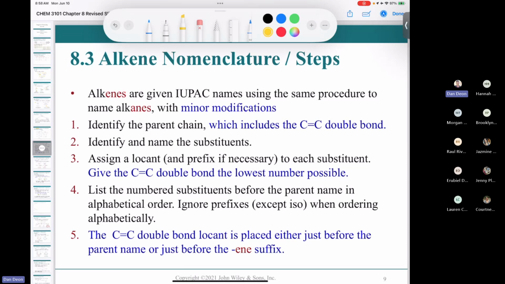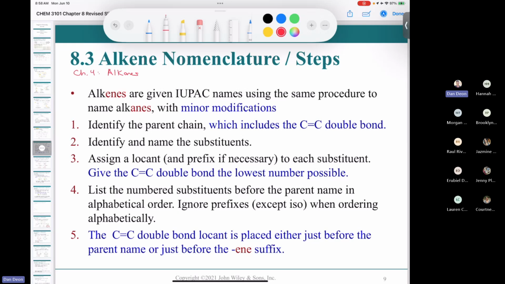If you worked hard on your nomenclature in chapter 4, remember we learned how to name alkanes, and I said you've got to know the alkyl groups: methyl, ethyl, propyl, isopropyl, butyl, tert-butyl, sec-butyl, isobutyl. All those rules are still pertinent. They haven't changed. And all those alkyl groups are still the same.